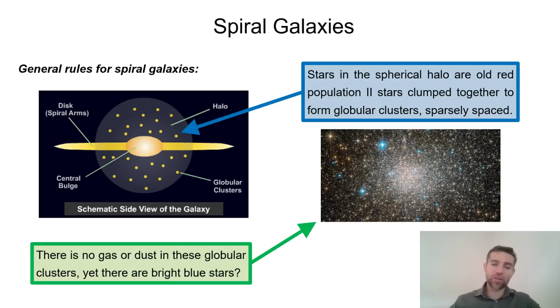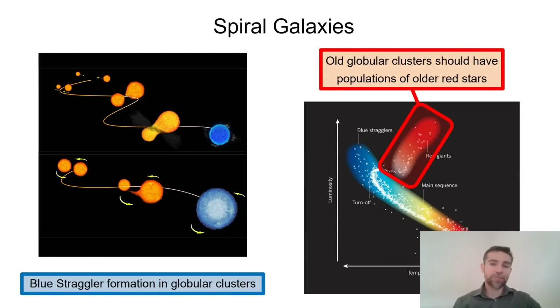However, you do see blue stars, and they're known as blue stragglers. Again, we're going to touch on that a bit later, but you can get younger stars there, because they're colliding, because they're so densely packed. So, your blue straggler stars, because they're so densely packed in these clusters, we can get collisions between two old stars.